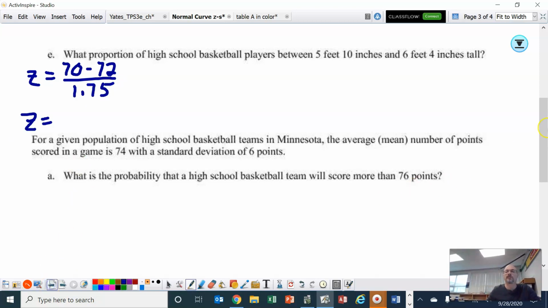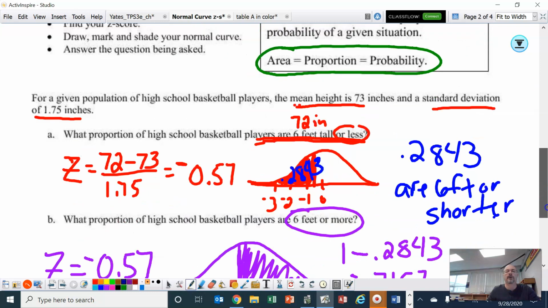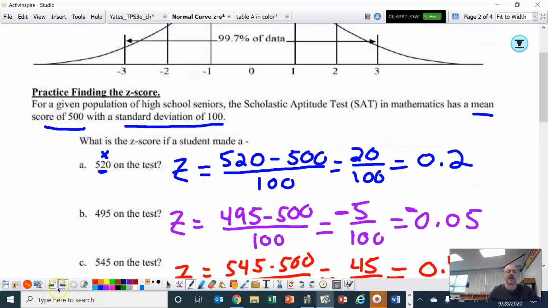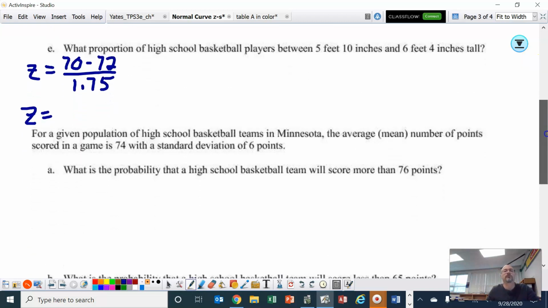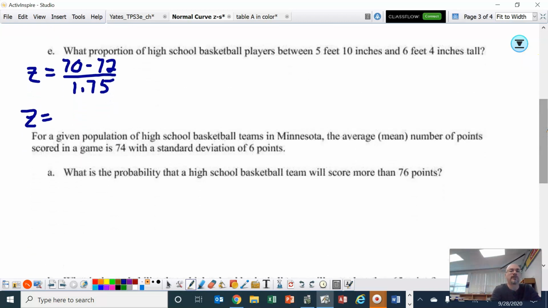Let's just double check to make sure I don't mess that part up. Yep, 1.75 is the standard deviation. All right, so that would be -2 divided by the 1.75, and that's going to give us a Z value of -1.14. Remember, you got to go 2 decimal places.